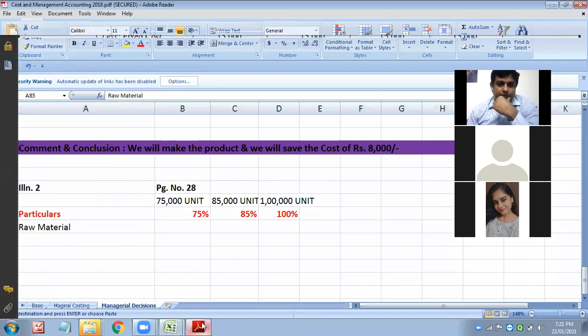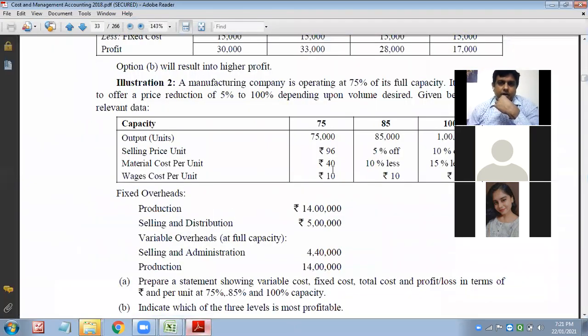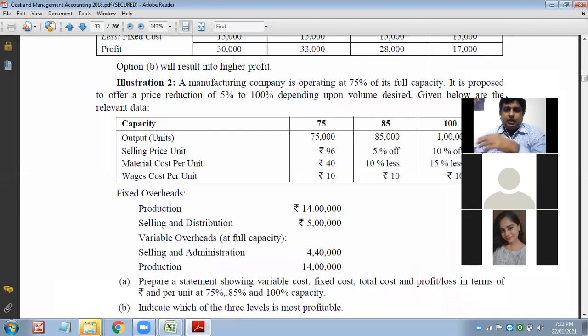What is given here? It is 40 rupees. If it is 85%, 10% less, that means 36 rupees. And if it is 100%, then 15% less. So 15% of 40 rupees will be how much?